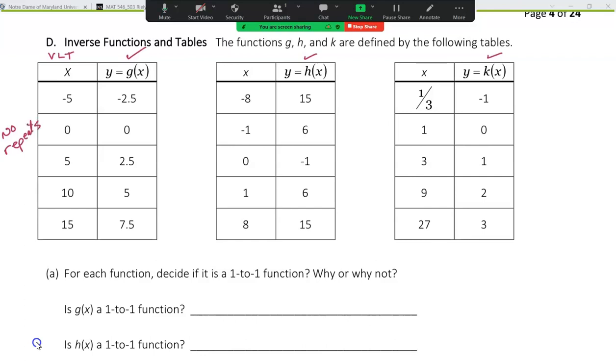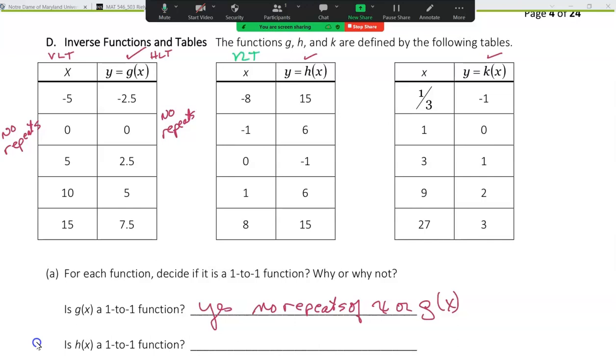Here is your horizontal line test. Do I have any repeats? No repeats. Good to go. Okay, so this is yes, it is. And I have no repeats of x or g of x. Okay, go on to the next one. I look for the vertical line test. Do I have any repeats here?